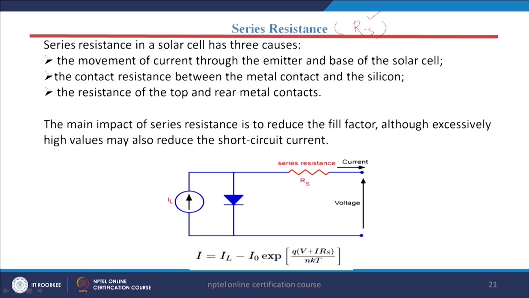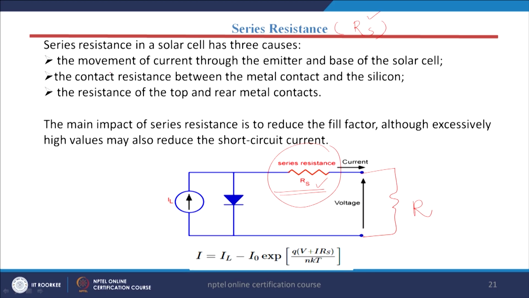This particular resistance RS is connected in series with the load. If here is the load, a resistive load let us say, then along with this load, this resistance is in series. That is why it is known as series resistance. And what is the reason for this series resistance? Why does this series resistance come into the picture?